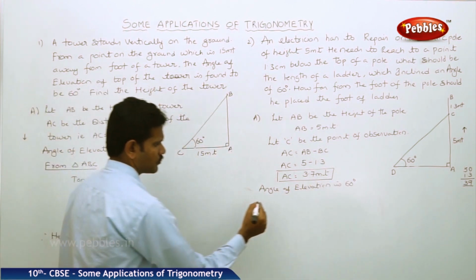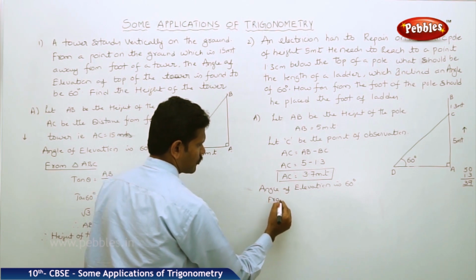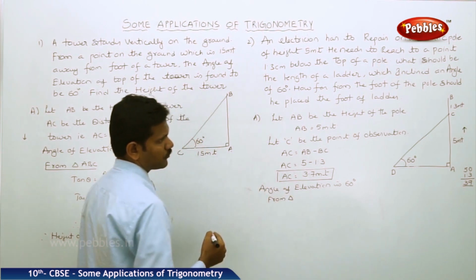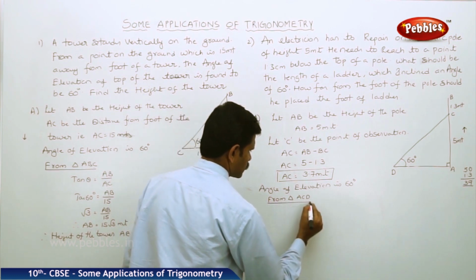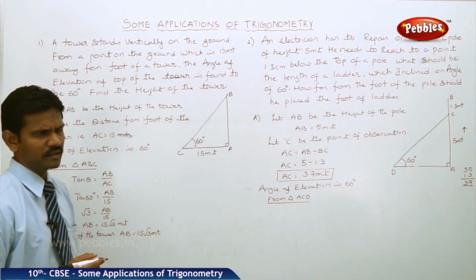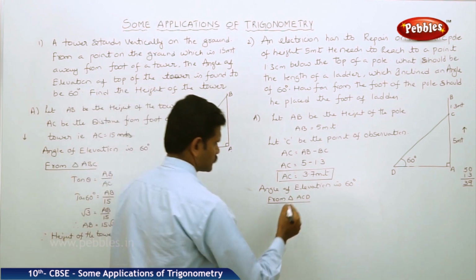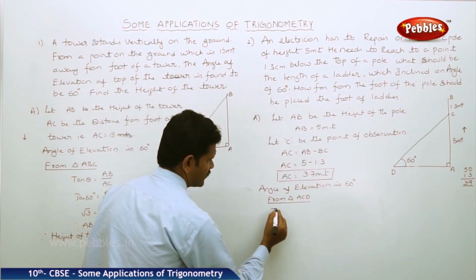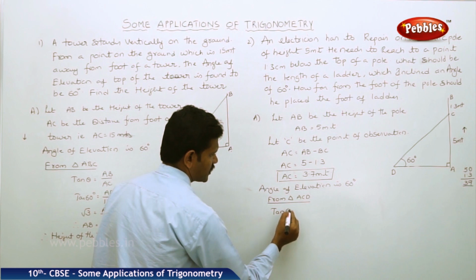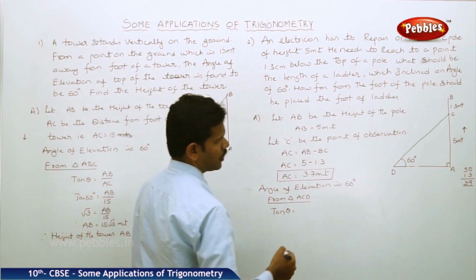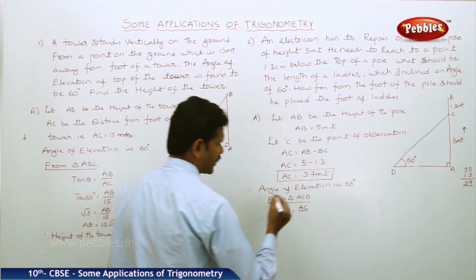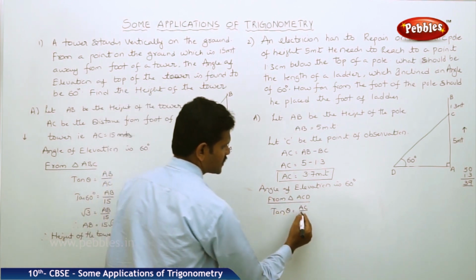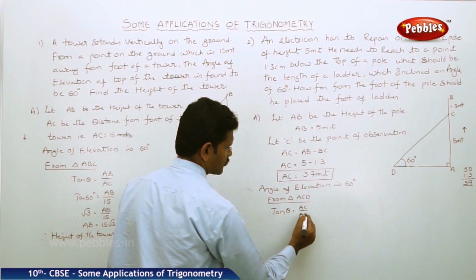From triangle ACD, tan theta is equal to opposite side AC by adjacent side AD.